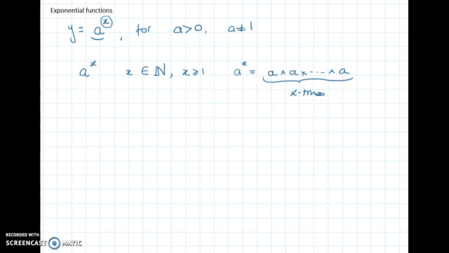So this we know how to do. If x is exactly 0, we saw in class that it makes sense to define a to the power of 0 to be equal to 1.